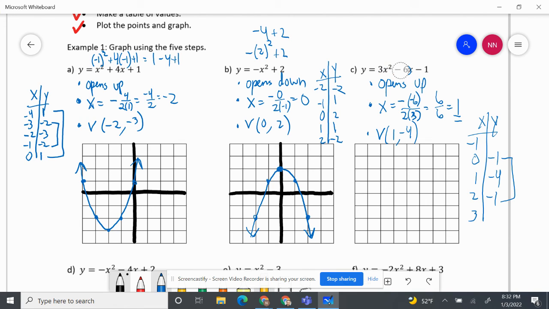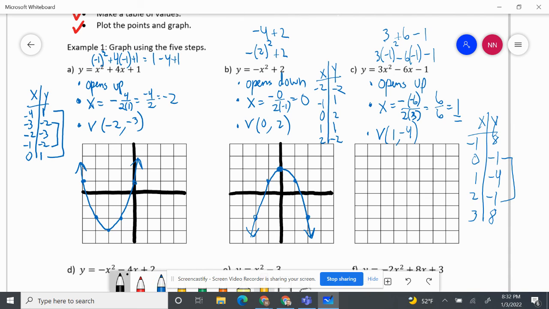I'm going to choose the -1. So I'm going to go 3 times -1 squared minus 6 times -1 and then minus 1. -1 squared is 1 times 3 is 3. -6 times -1 is a positive 6 minus 1. 3 plus 6 is 9 minus 1 gives me an 8.